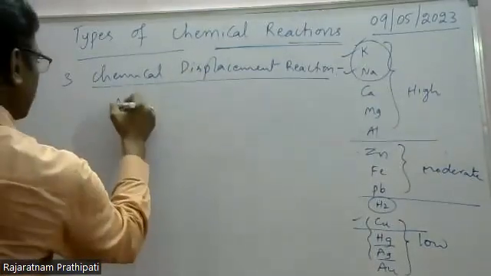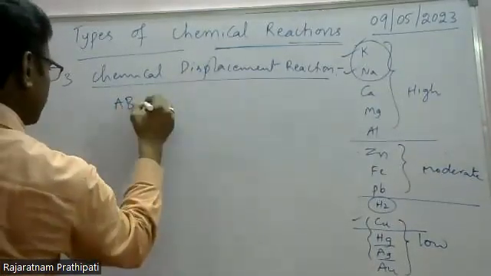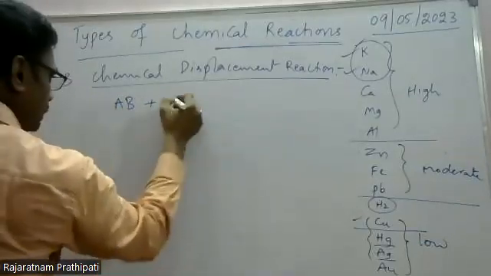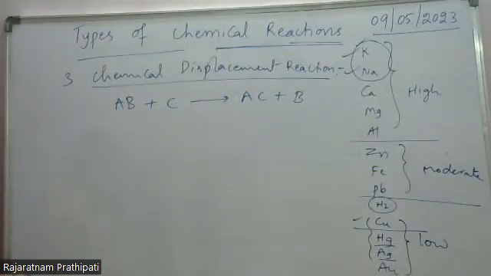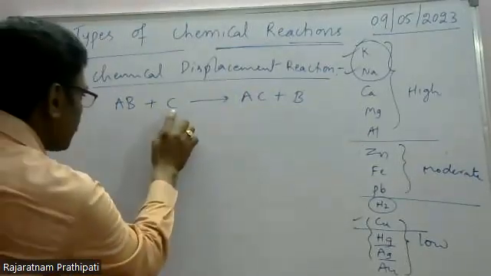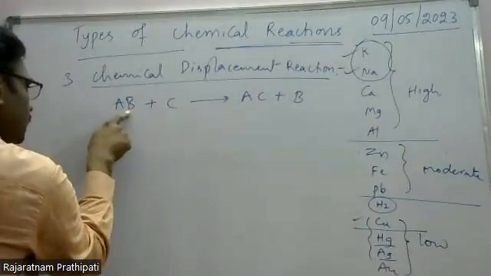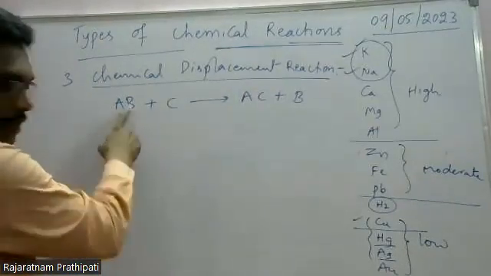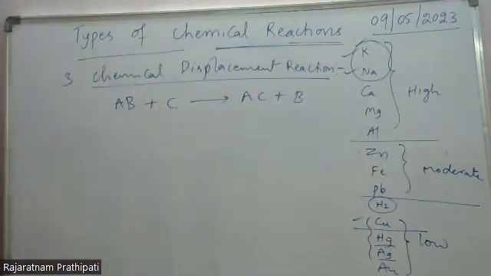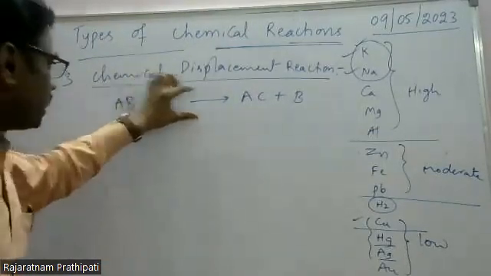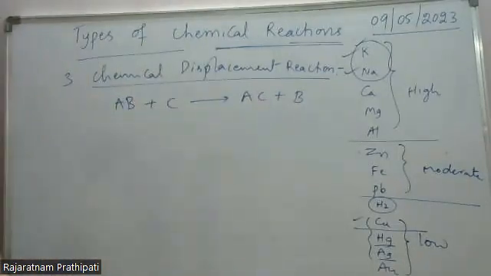Look at this general representation of chemical displacement. AB plus C gives rise to AC plus B. Look at this. Here C displaces B position. So B was displaced by C. So AB plus C gives rise to AC plus B. These are called displacement reactions.